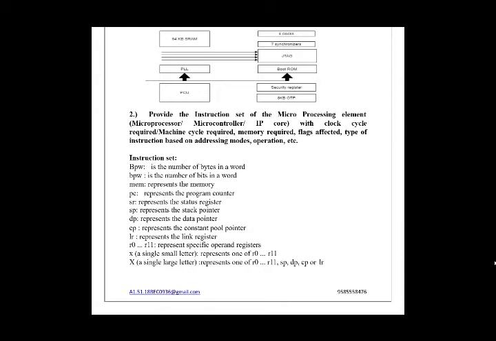That's it. There's nothing much to talk over these instruction sets because it's just a common thing which is there for all the data sheets. Suppose for example, PC is the program counter. Everyone knows that. SR is status register. SP is stack pointer. DPTR is data pointer.